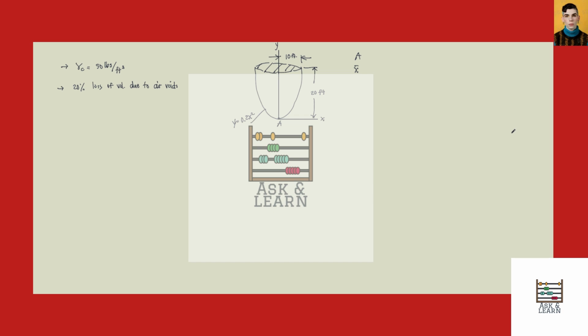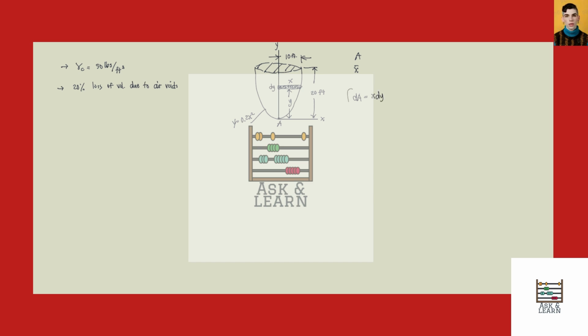So let's set up a differential strip. Let's call the width of it x and the thickness dy, and the distance from the x-axis y. So we have our differential area is equal to x dy.